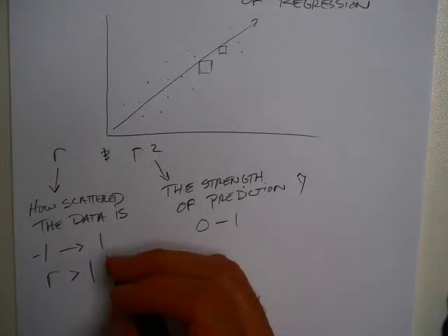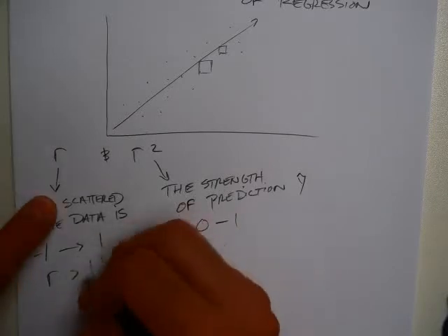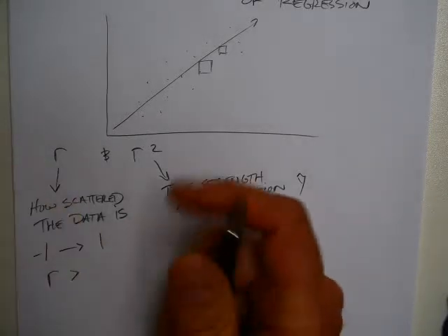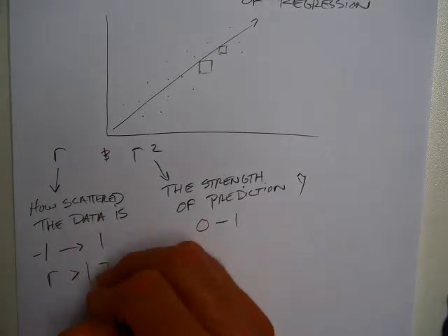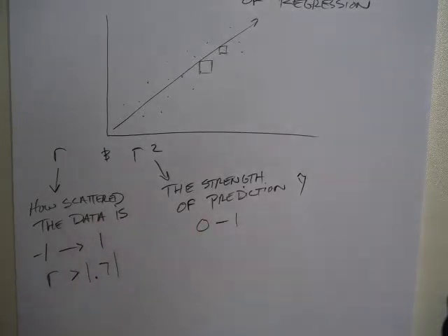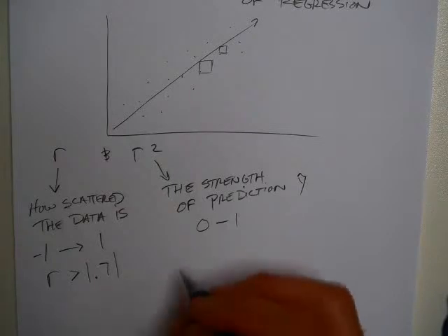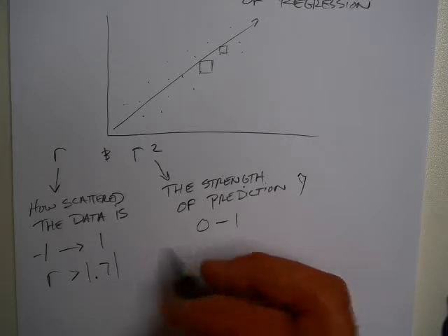Hang on. How do I want to phrase that? The absolute value of r is greater than 0.7? Or should I put the absolute value around the 0.7? I'll do that. It's the end of the year. My math brain is totally toast. R has to be greater than 0.7, positive or negative. Okay. And when I say negative, right, negative 0.8 is greater than negative 0.7 in this example.